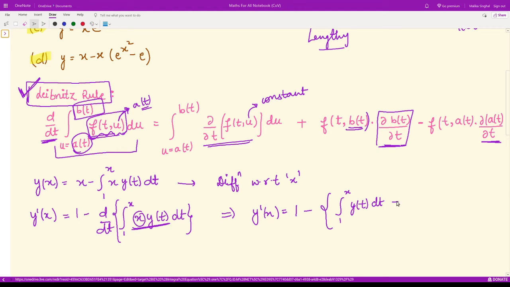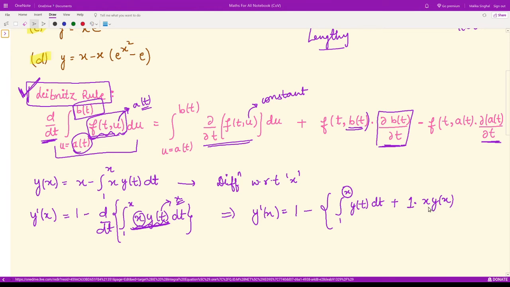Then we'll have plus the derivative of the upper limit with respect to x, that would be 1. So 1 multiplied by this f of x and t, that would give me x into y of x, because now I have to replace this t with the upper limit, that is x.